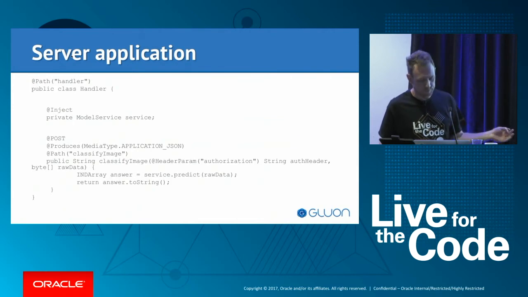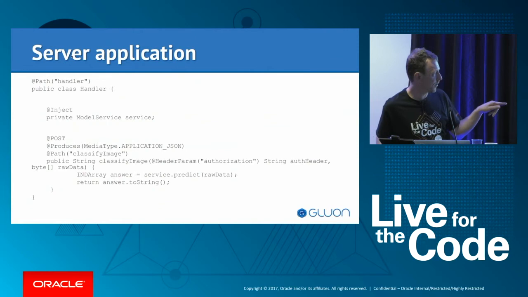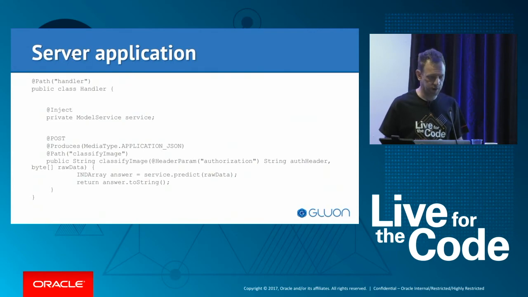Note that, what we will talk about later, we typically want to have some header parameter in our handlers as well, because you don't want the whole world to access your application. So you want to have some security, which is very easy with Java on enterprise frameworks.